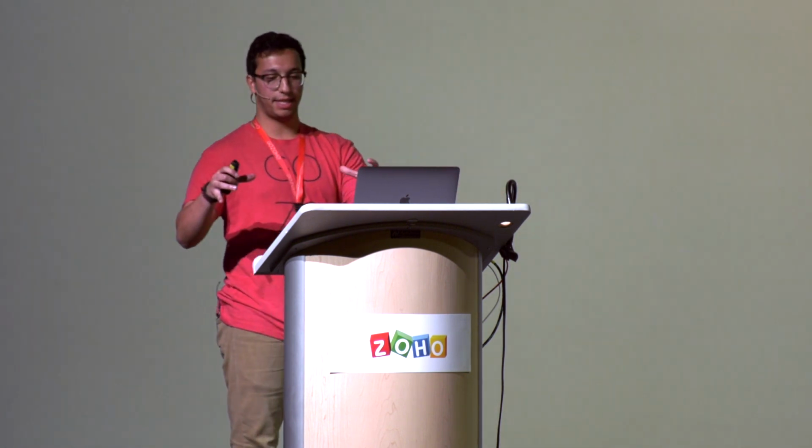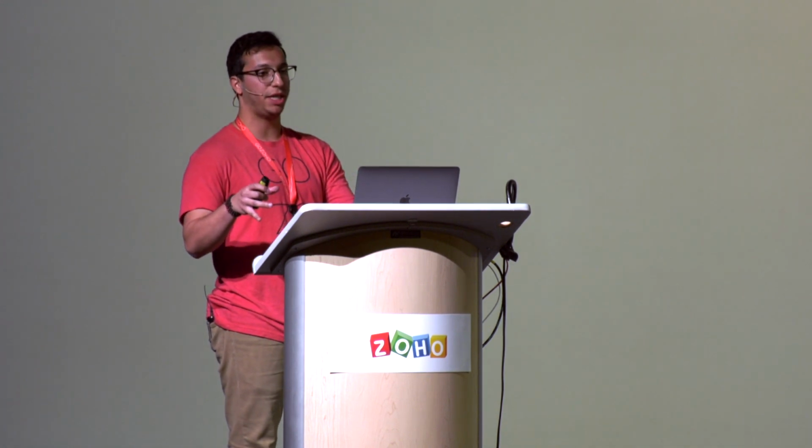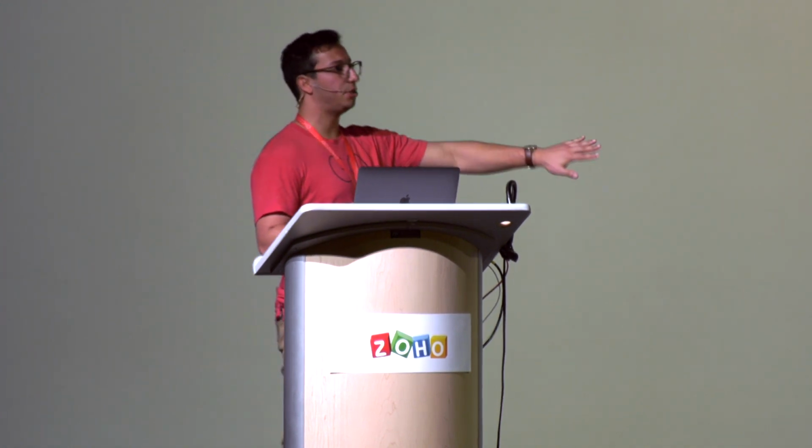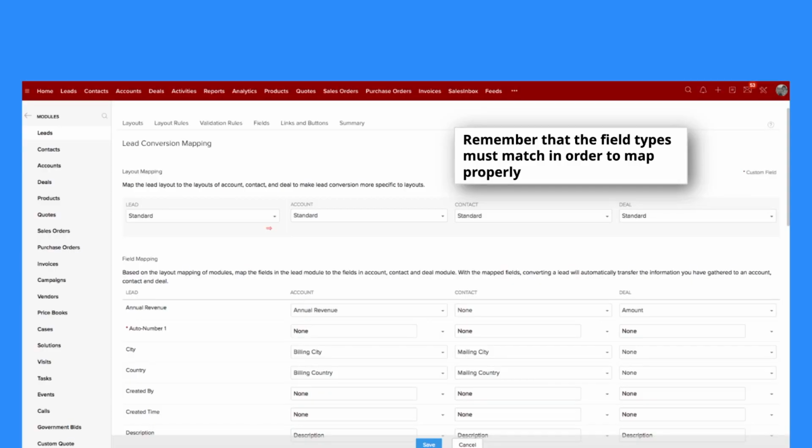So this is really useful for having that initial prospecting information that was collected pushed into the conversion process. And just a quick screenshot here, basically, when you're creating these different fields, you want to be sure that you're using the same field types, because if you've got a date field and you're trying to map that over to a date time field, that's not going to map over correctly. So just be sure that you're using the appropriate fields as you're going through this lead conversion mapping.